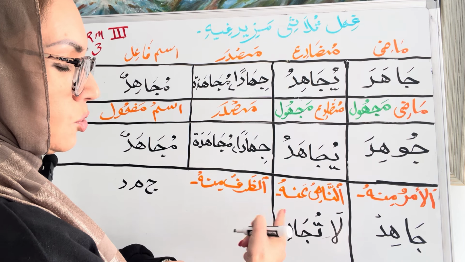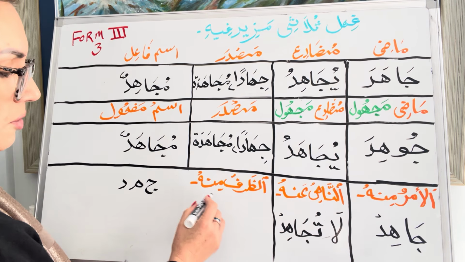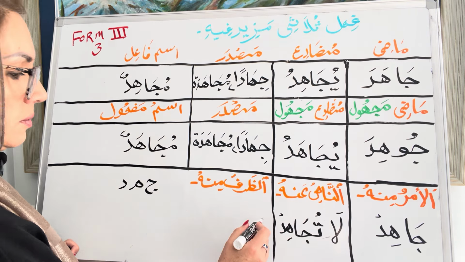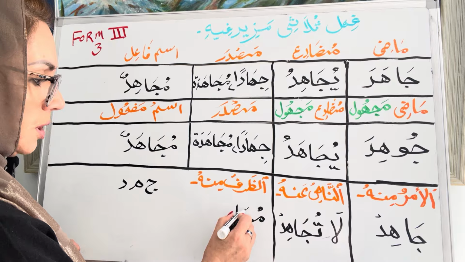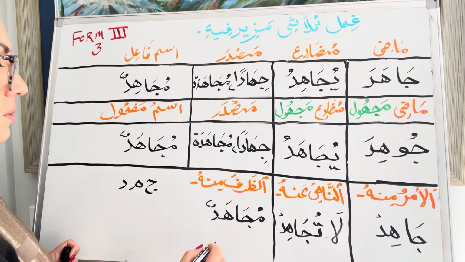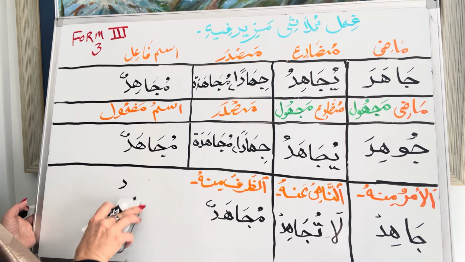And then it's a sukun here and a sukun here. And then الظرف منه, it's mujahadun. It's same as the maf'ul. Mujahadun.